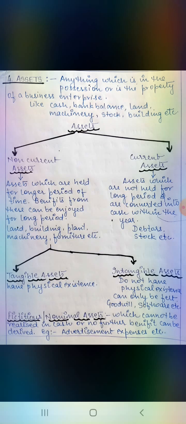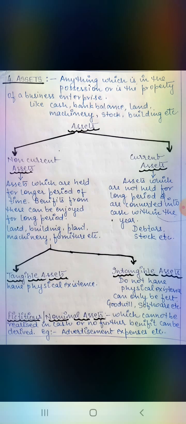Fixed assets are those assets which are held for continued use in the business for a purpose of producing goods and services for a very longer period of time, and the benefit derived from those assets will be enjoyed for a long period.